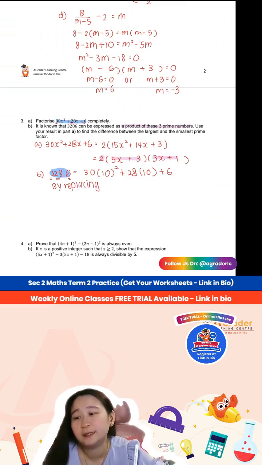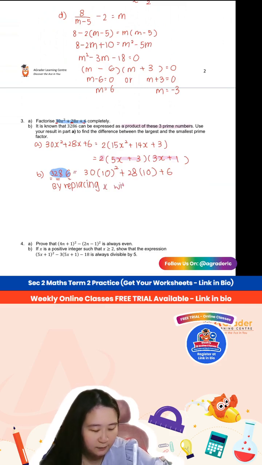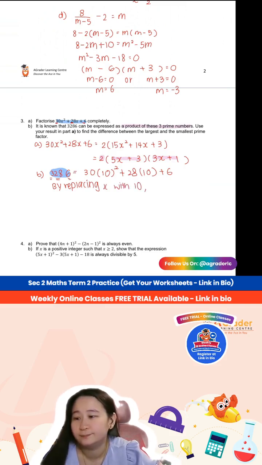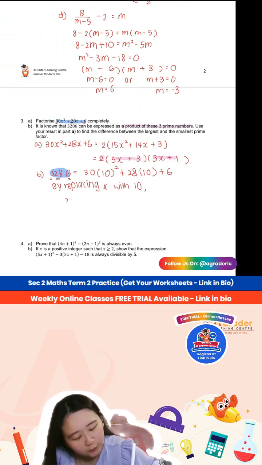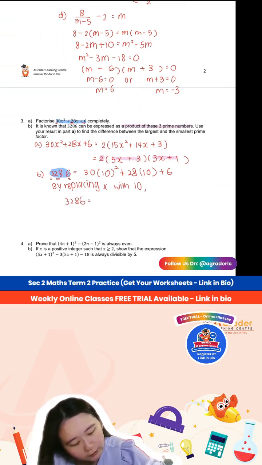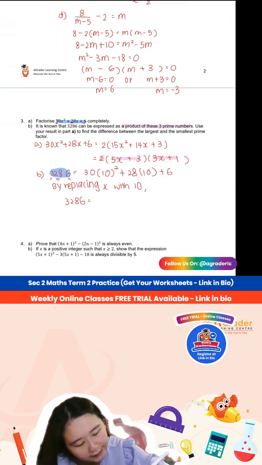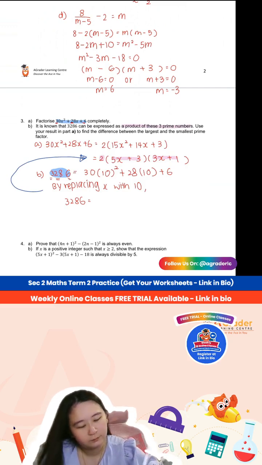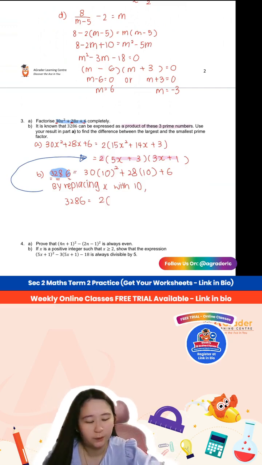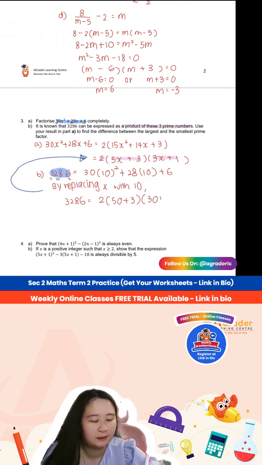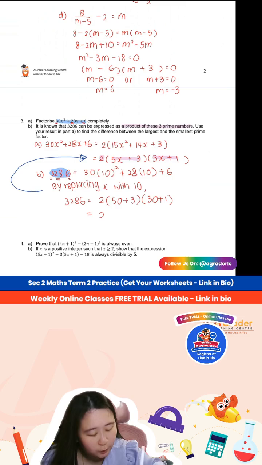So by replacing x with 10, your 3286 will be equal to, we replace our x with 10 here. So I have 5 times 10 is 50, so 50 plus 3. Then 3 times 10 is 30, 30 plus 1. So it will be 2, 53, and 31.